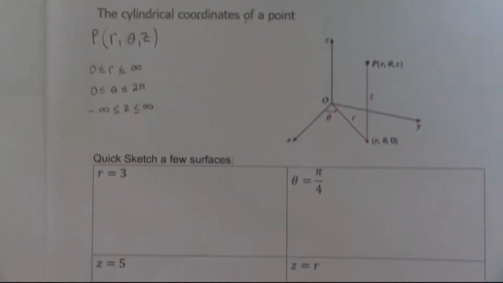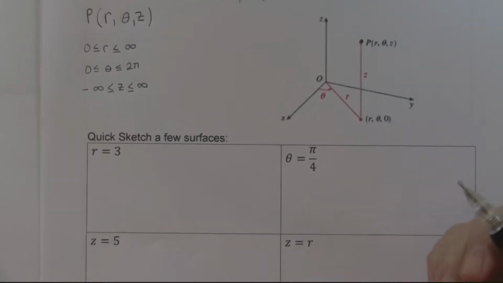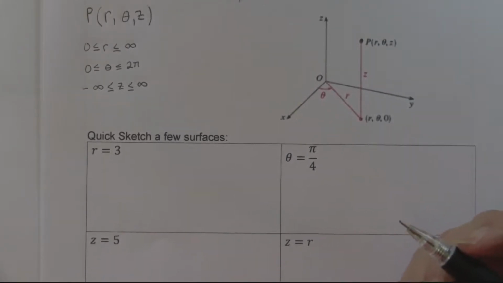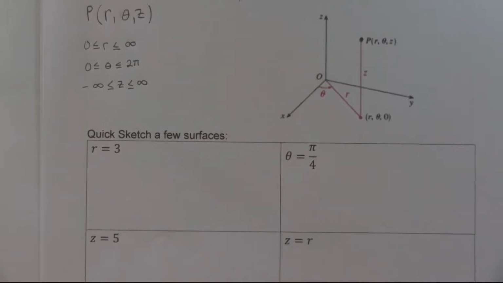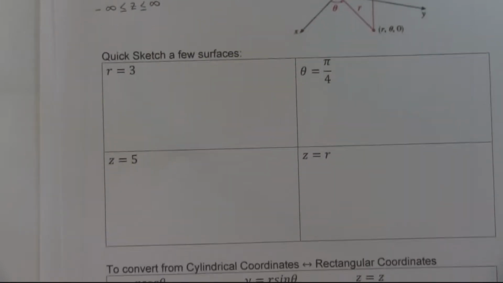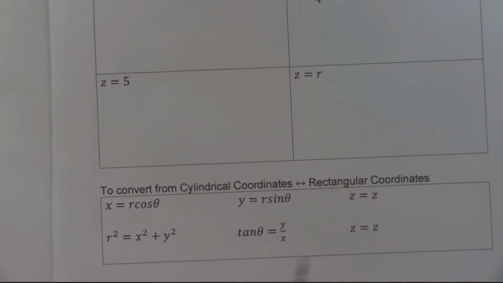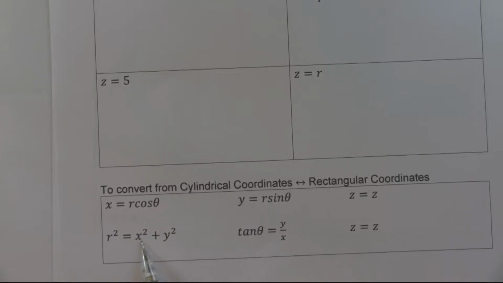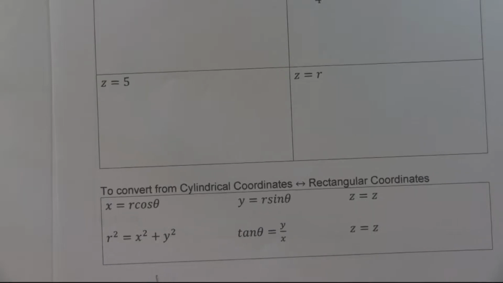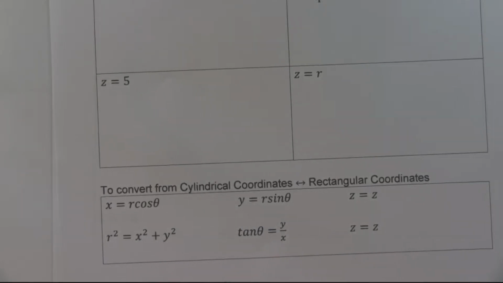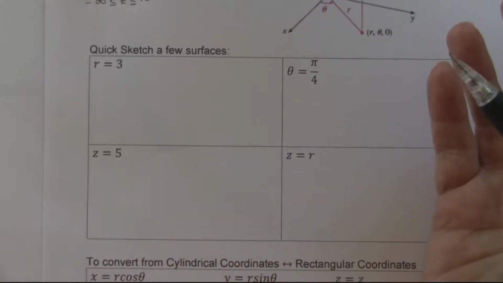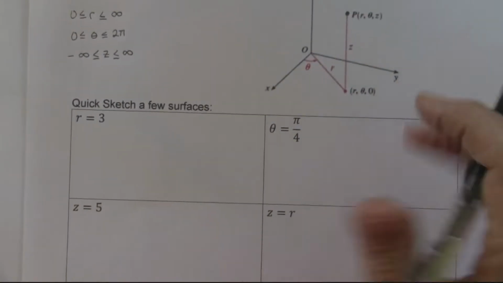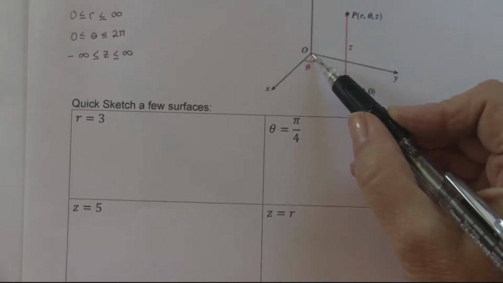This is where it's kind of nice in cylindrical coordinates, because r equals 3. Remember, I haven't said those yet. Right down here, I have them. I have this upside down, I think, a little bit. R squared equals x squared plus y squared. If you look at what r equals 3 is, I was going to tell you it was a cylinder, because I can reason that out from here.